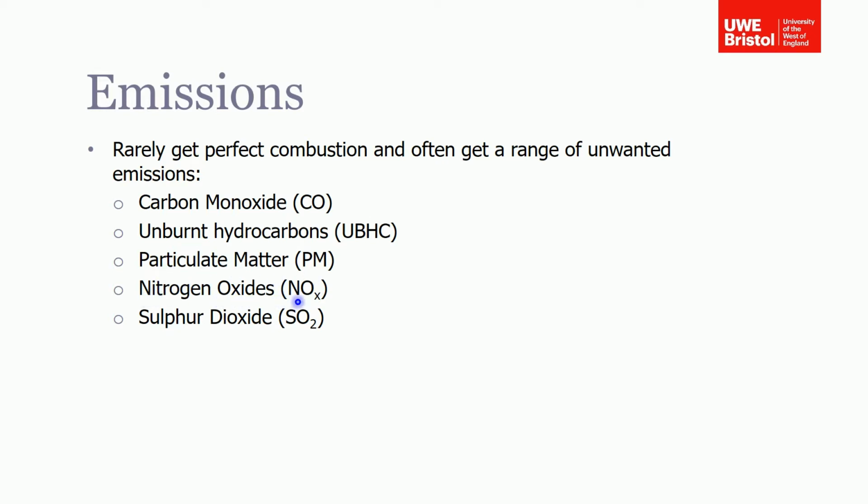Nitrogen oxides, NOx, where the x could be a 1 or a 2, so that covers nitrogen oxide, NO, and NO2. And also sulfur dioxide, but that tends to be more from a power generation side of things rather than an automotive or transportation side. Okay, and in the next sessions we'll talk about how these are formed and how they can be controlled.